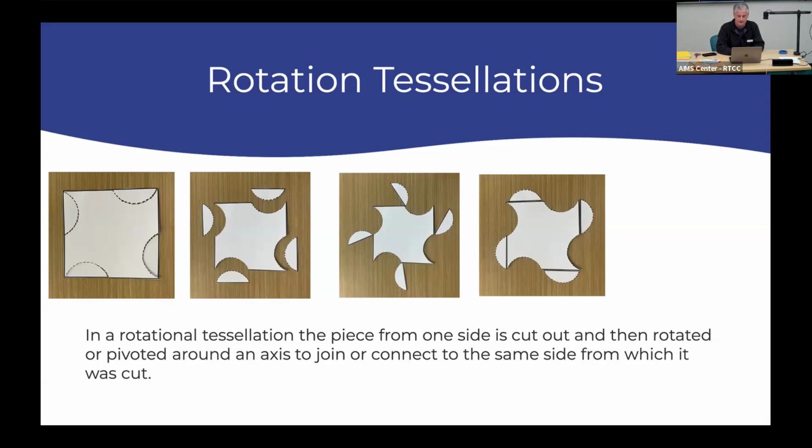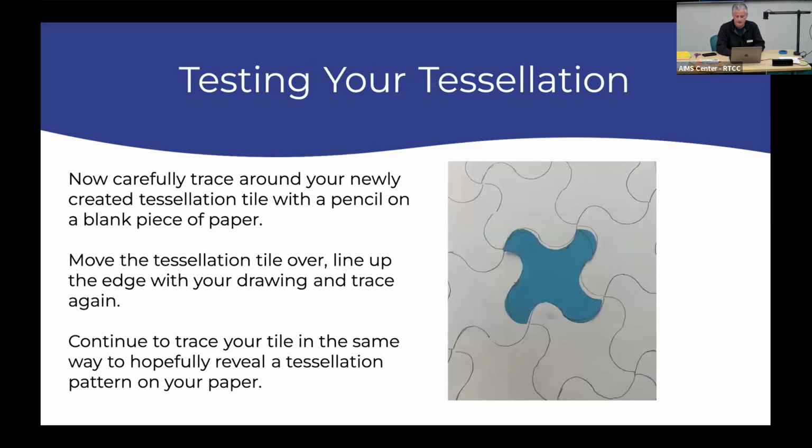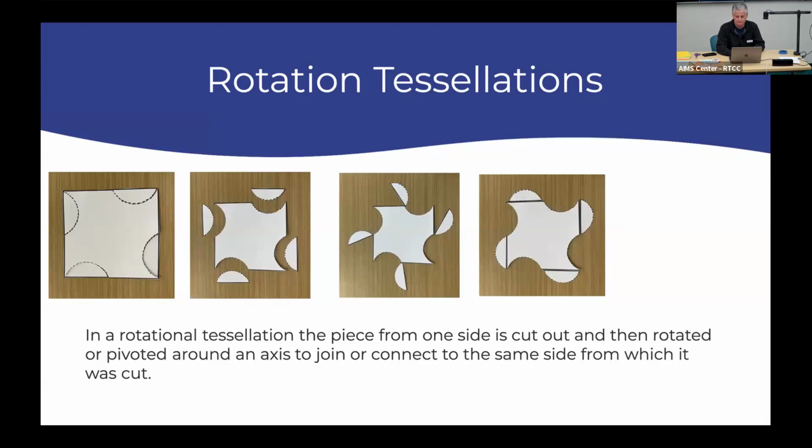In this case, you're cutting out each piece and rotating it around the right-hand corner, in a counterclockwise direction, and then securing that piece into place to make a tessellation tile. And then you can trace around it and see how that tessellates. So I'll pass out some different examples of that. And you can choose whether you want to do the square or the triangle.